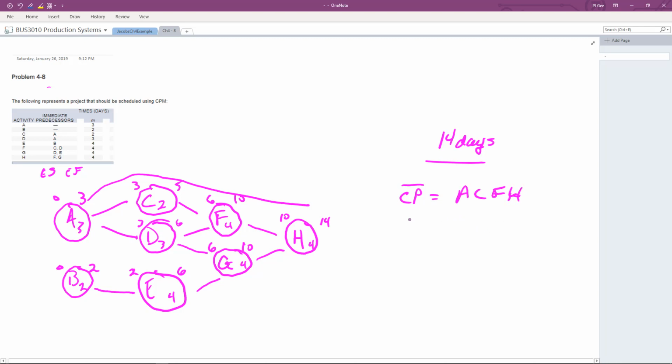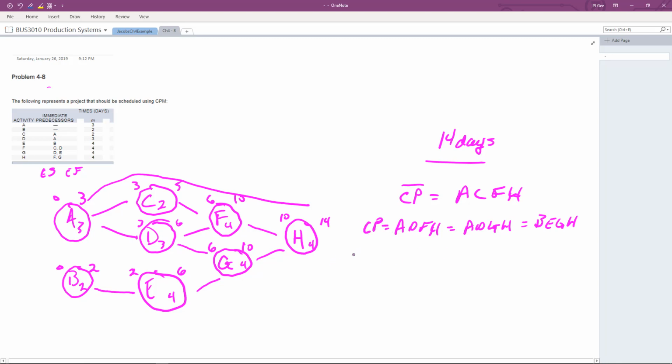Okay, now what it says is that ADFH is equal to ADGH is equal to BEGH. Okay, and that your critical path, there's actually 3 critical paths through here.